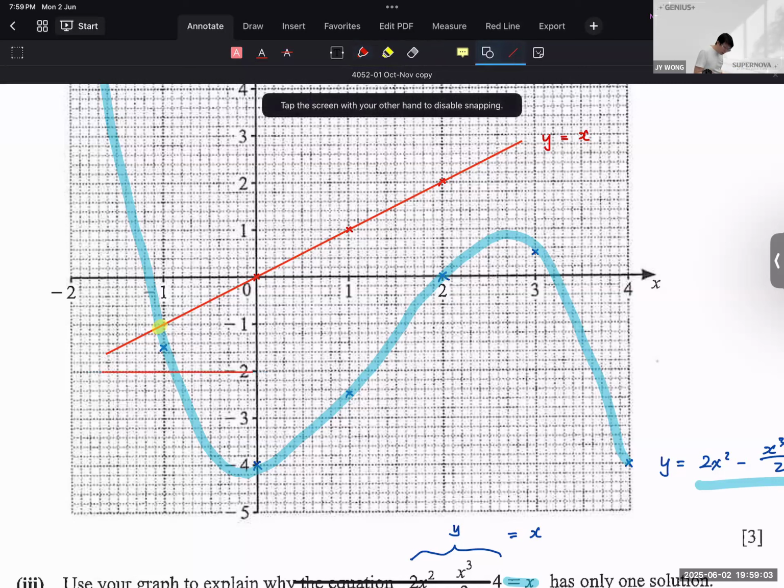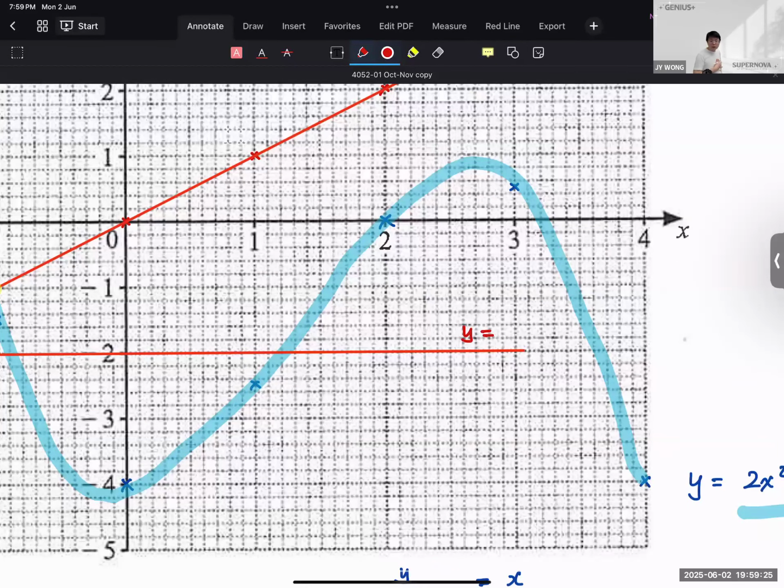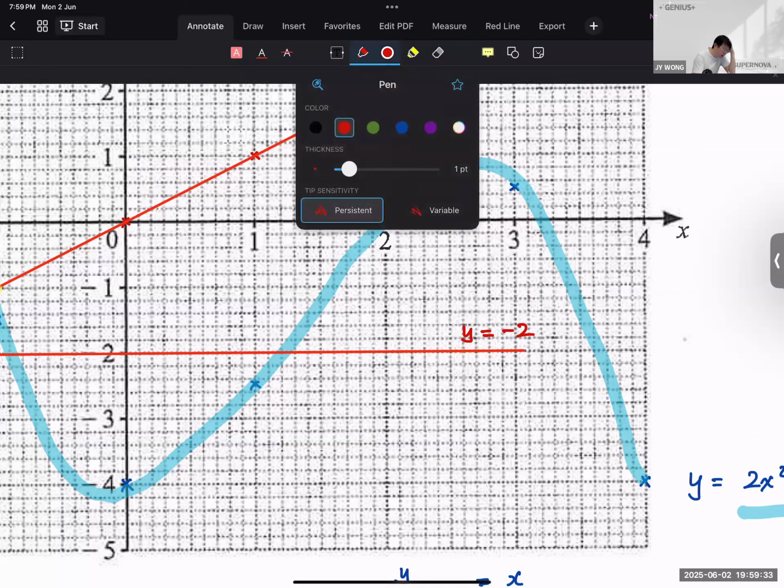So you all must remember, I still have Sec 4 students who cannot remember horizontal versus vertical line. So y equals to negative 2 is, because it cuts the y-axis, a horizontal line. X equals to something is your vertical line. So don't confuse it. Cambridge obviously clearly expects you all to know.